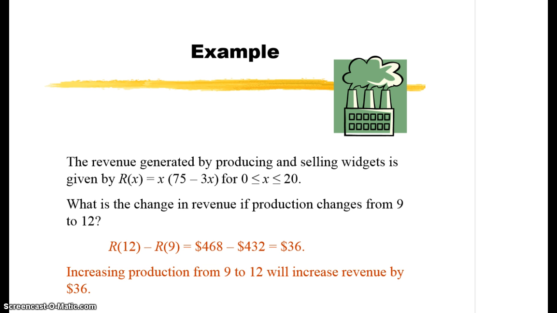Well, to do that, you take a look at the change R12 minus R9, and that gives you 36. How did we obtain these values, 468 and 432? We used the formula for R of x and plugged in 12 for x and 9, respectively, to obtain 468 and 432. So increasing production from 9 to 12 widgets will increase revenue by $36.